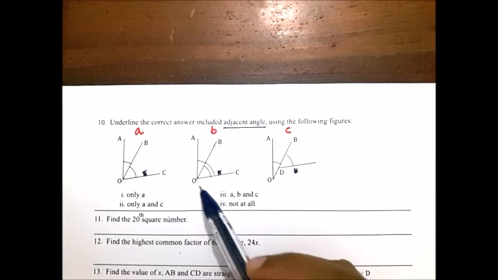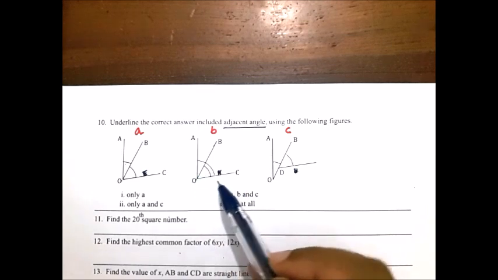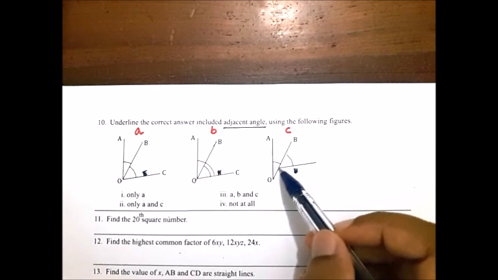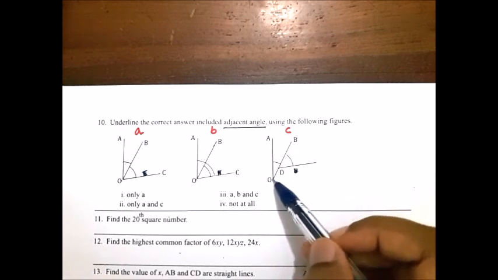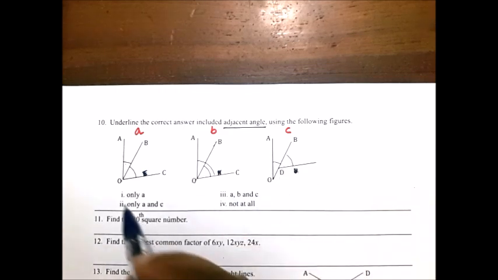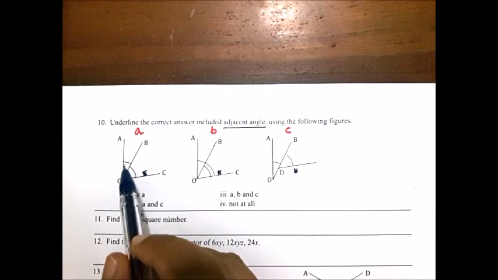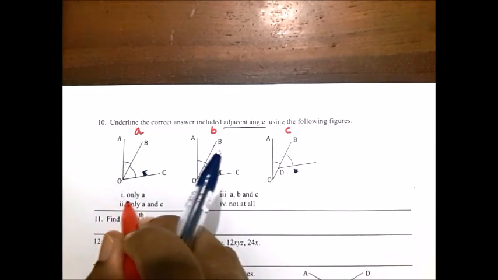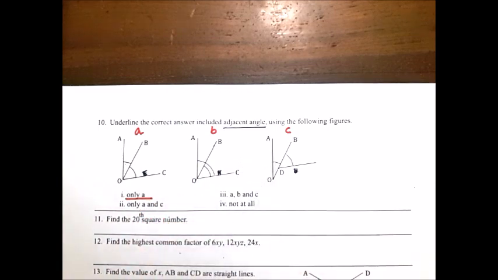So these two pairs are not adjacent angles. Here, these two angles have a common arm, but there is no common vertex. Here the vertex is O, here the vertex is D. So your answer is only A. These two pairs are adjacent angles. Answer is only A.